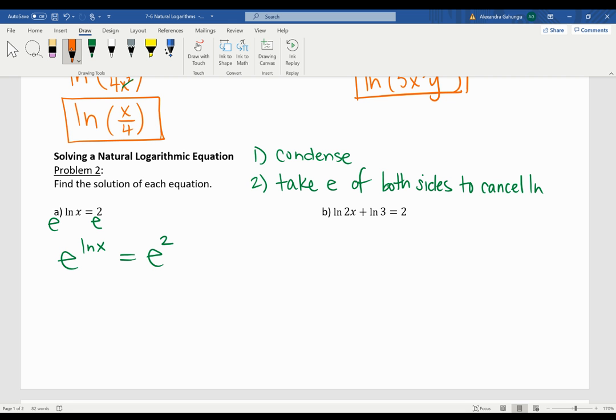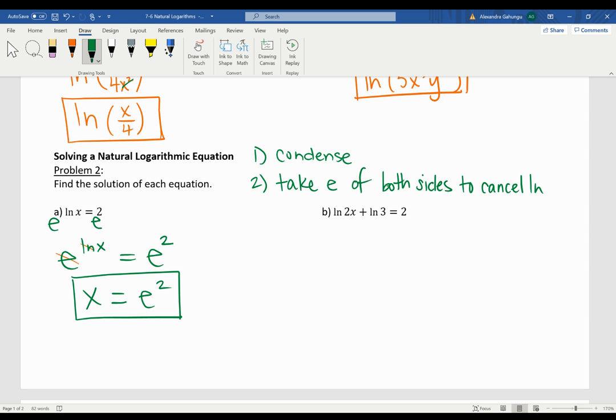And we do that because e to the ln of x, those will cancel and you're just left with x. e squared doesn't cancel, and that's just your final answer. So the idea is after you've made your single natural log, you take the e of both sides.